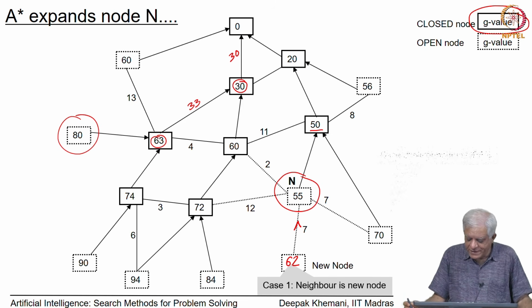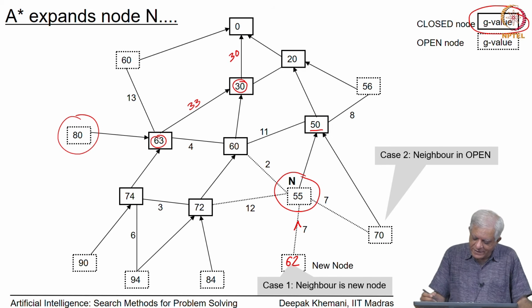That is case 1. Case 2 is when the node was already on open. So, this node as shown here was on open. It came as a child of the node which was the parent of N, and it had a cost of 70. So, presumably the edge here was 20, because 50 plus 20 would be 70. But now after we have expanded this node N whose cost was 55, the edge connecting them has been discovered when N is expanded and its cost is 7.